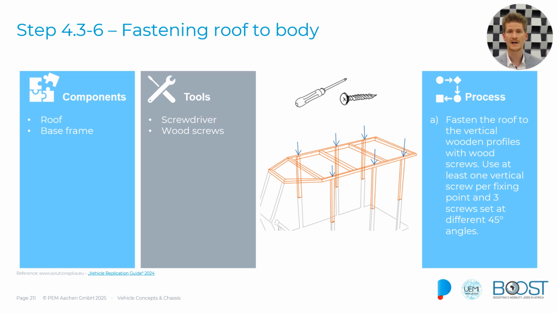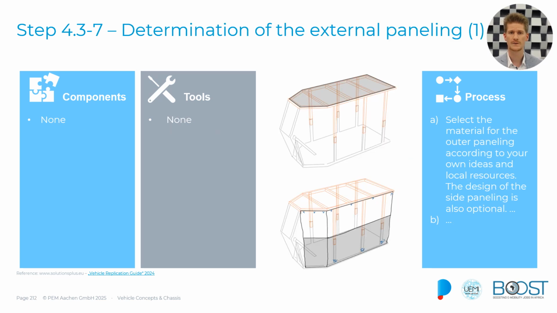Then we have the frame structure of the roof, but we don't have a cover, and this is something we have to determine right now, which is the determination of the external paneling. First of all, we have to select a material for the outer paneling according to either your own ideas or some requirements, and the design of the side panel is also an option that we can go through here.